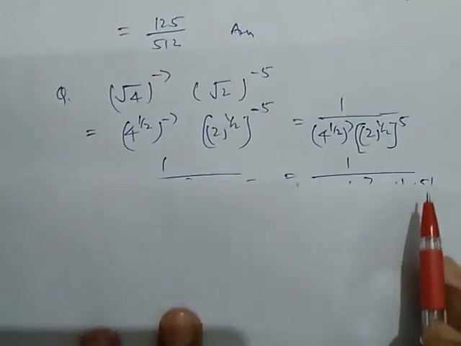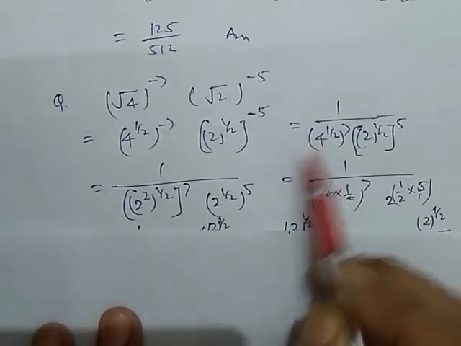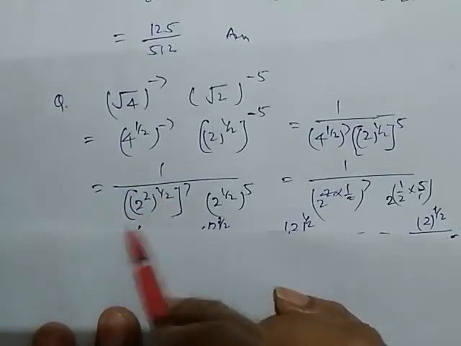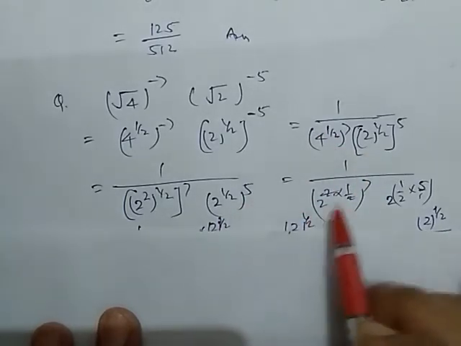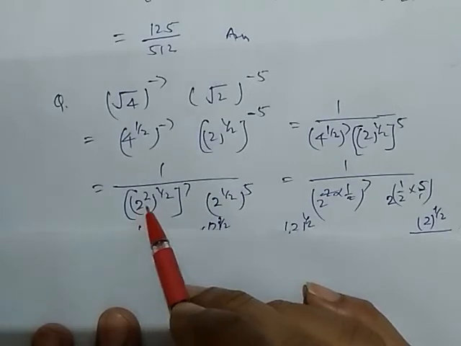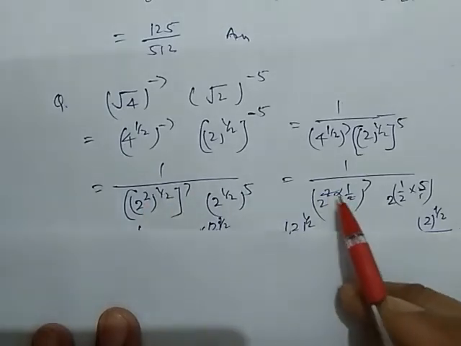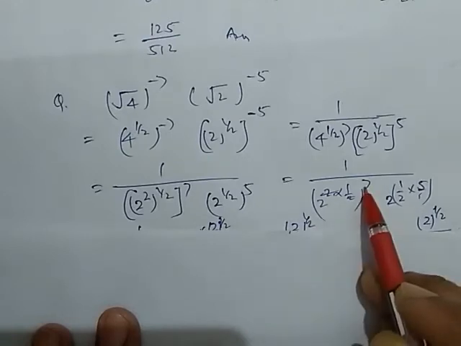Now solve. 4 power half, we convert this 4 to 2 square, power half, whole power 7, and this as it is. Now 2 to power 2 whole power half, this is m, this is n, so multiply them, this 2 cancels out by this 2 and this becomes 2 to the power 7.